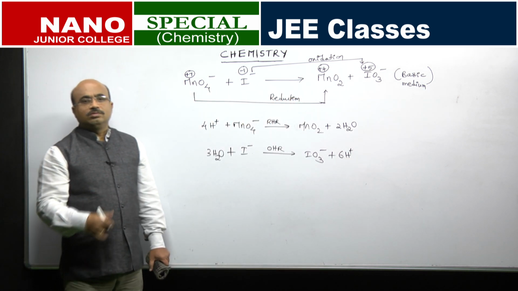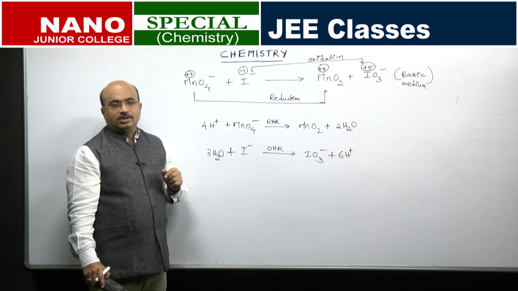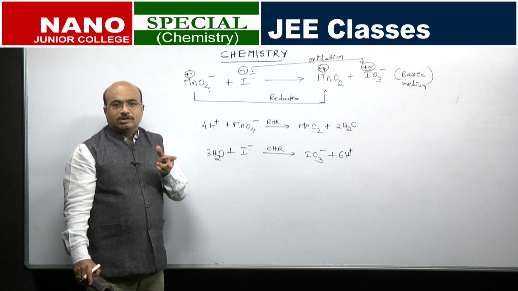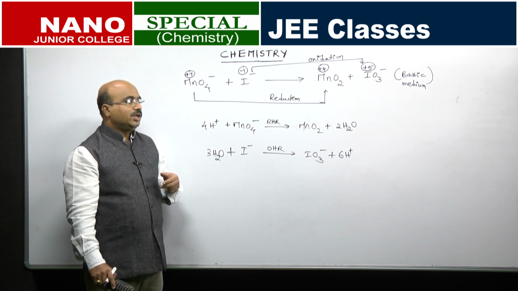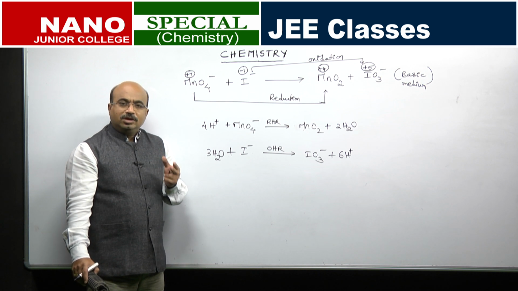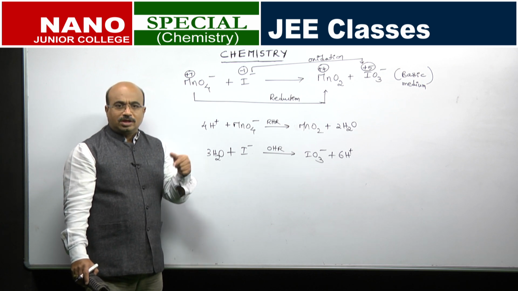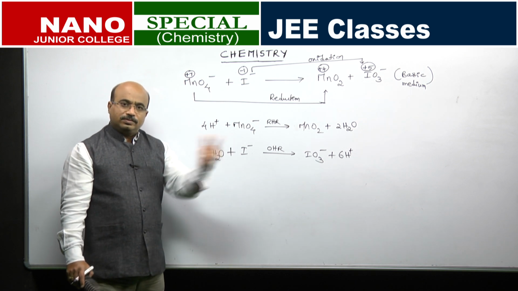Now, what should I do now? The reaction is basic. So, the fifth step which we discussed there should be applicable now. What is that? If the reaction is in basic medium, add OH minus equal to the H plus that are there in both equations on both sides.